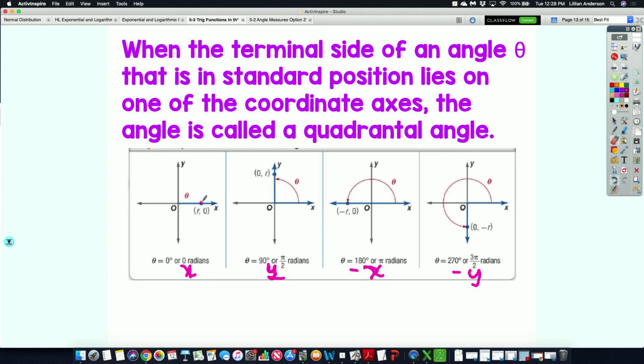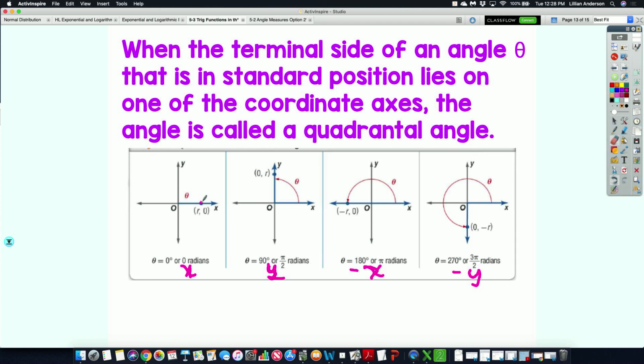That r is the same r from those 6 trig functions from the first slide. This r is the same r that you would get if you did the square root of x squared plus y squared.